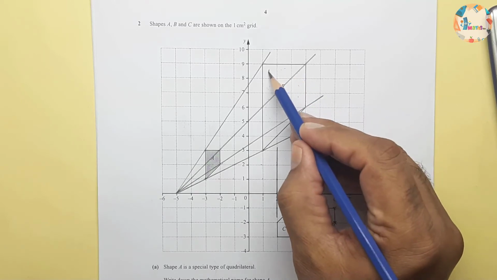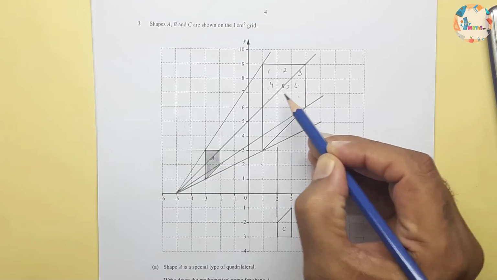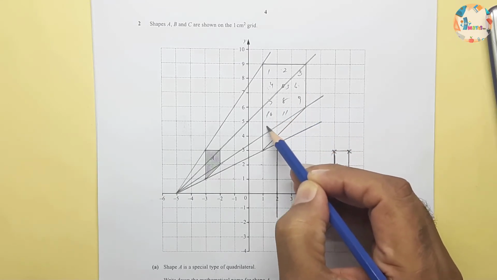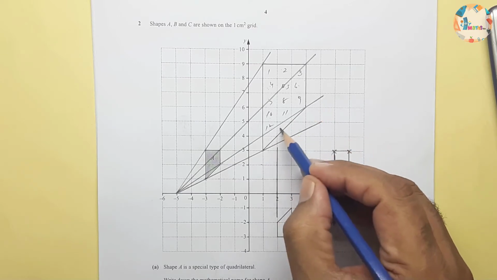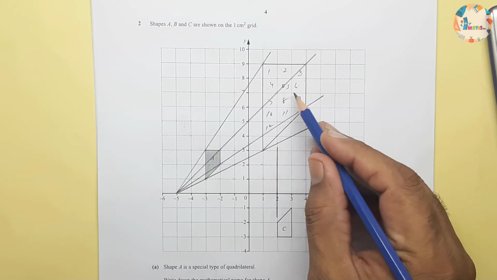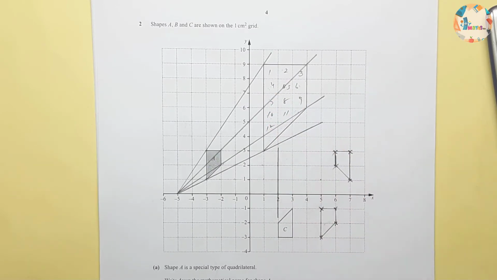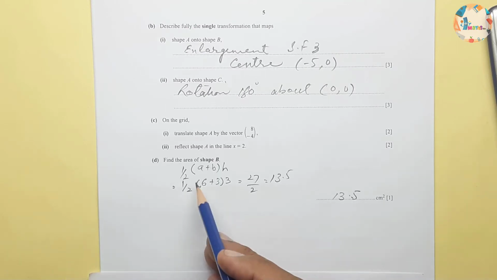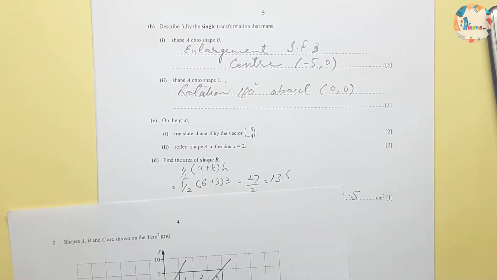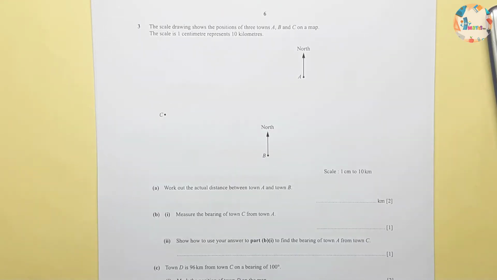Even you can number them 1 to 11. This is 12, and 3 half. 3 half will be 1.5. So 12 plus 1.5 will be 13.5. You can check from here, or better, you can use this formula as well. So this will be the answer. By both methods I have explained. Now the next question is the bearing question.